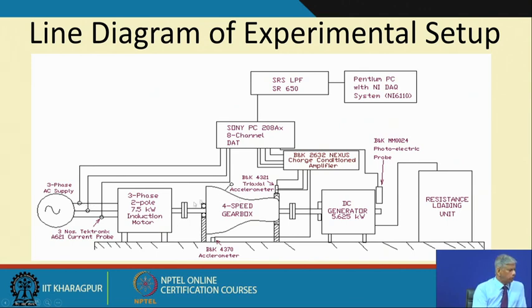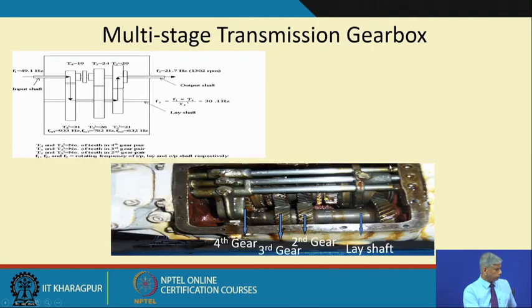Because we wanted to establish that whatever conclusions we obtain from the current, we also need to substantiate or validate with vibration measurements, we put a triaxial accelerometer and also a uniaxial accelerometer on the frame. We collected all these signals onto a tape recorder and analyzed them in a DAQ system, and of course, we also monitored the motor rotational speed using a photoelectric probe.